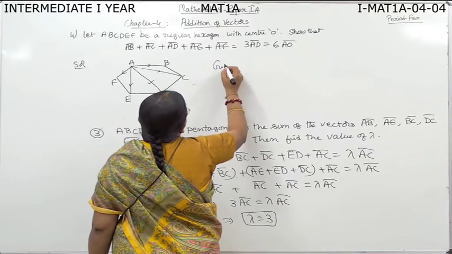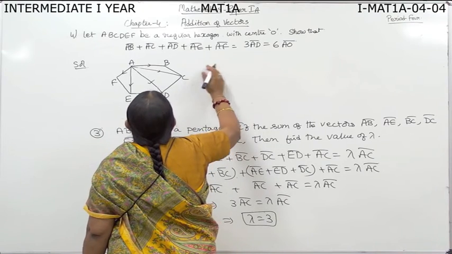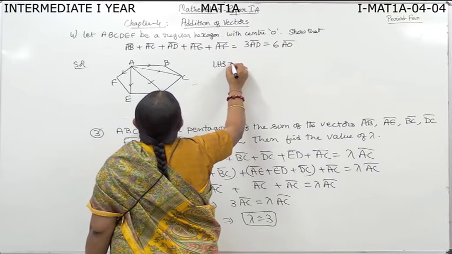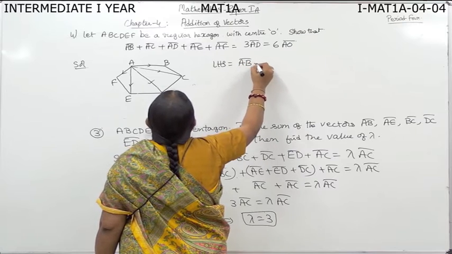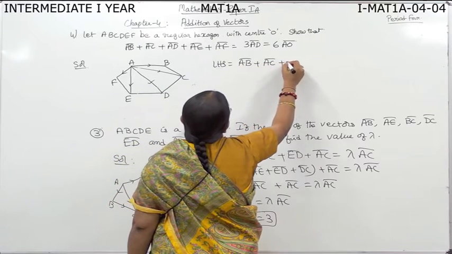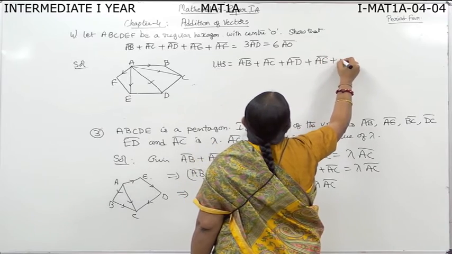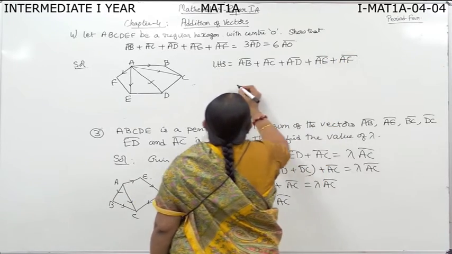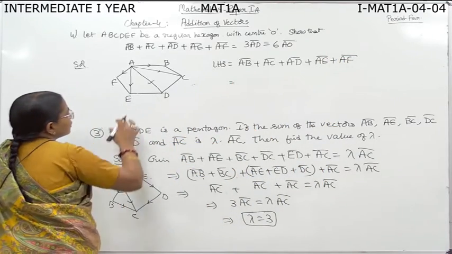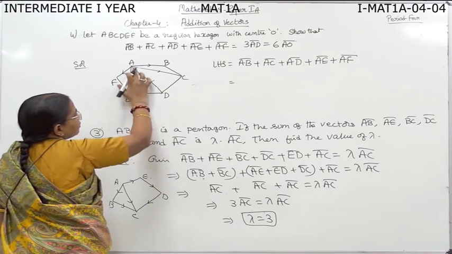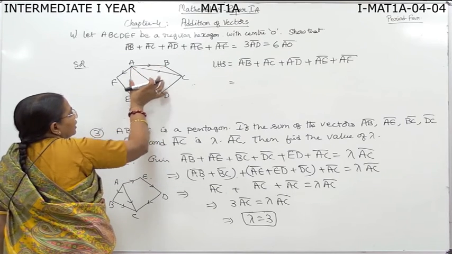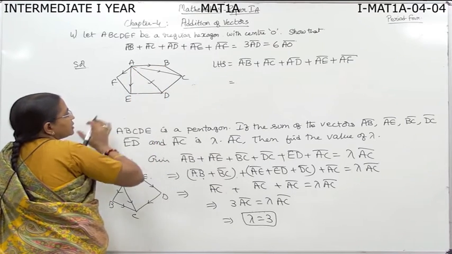So we'll take the left hand side, which we must show. That is AB plus AC plus AD plus AE plus AF. Now we'll write AB as ED. AB is the same as ED because they are equivalent and in the same direction.